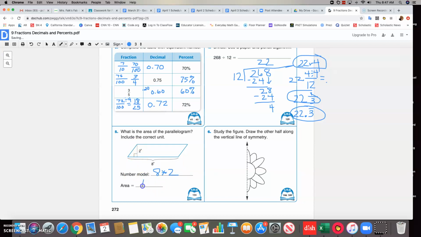So the area is 16. Now that little symbol here means inches. So inches squared, because we're finding the area, how much space is inside ours.